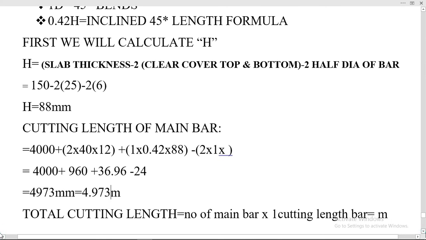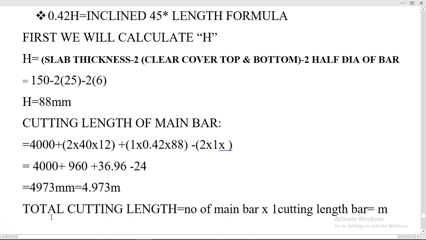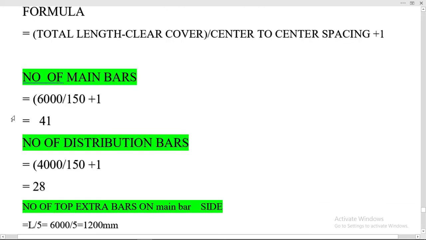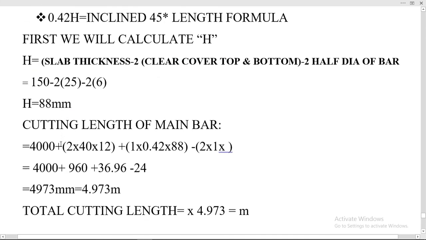To calculate the total cutting length of main bars, we will just multiply the number of main bars with the one cutting length. One cutting length we have just calculated, it is 4.973, and number of main bars, we calculated 41.